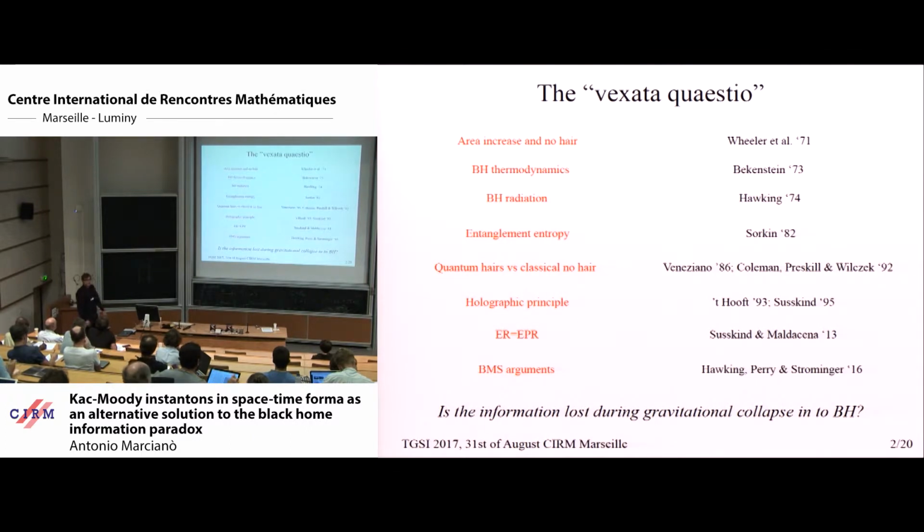And in the firewall proposal, there was the idea that somehow the particles infalling the horizon of a black hole, which are entangled ingoing and outgoing particles produced by the Hawking radiation, their entanglement may break down, and this breakdown may produce a huge firewall. And this is contrary, of course, to the Einstein equivalence principle.